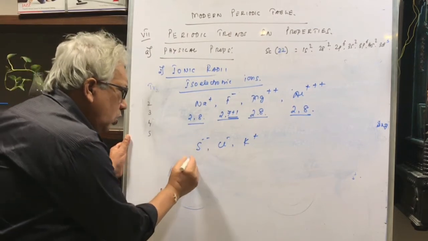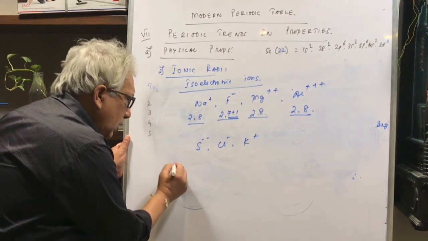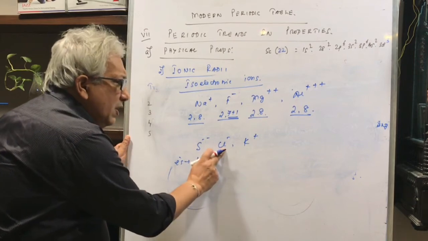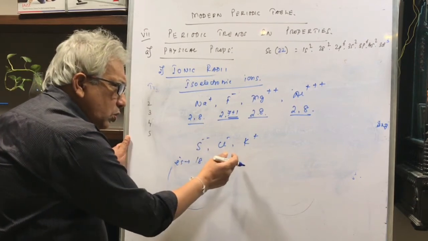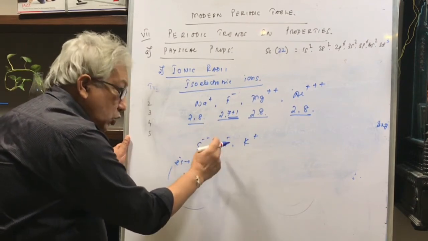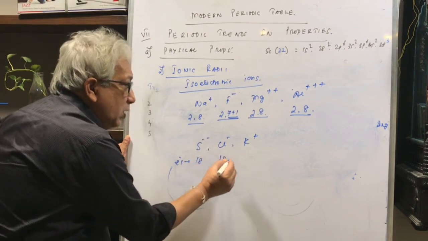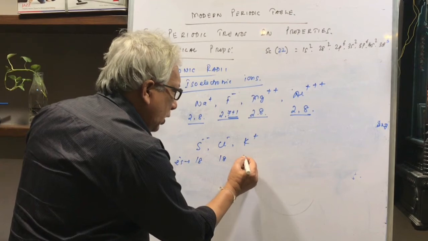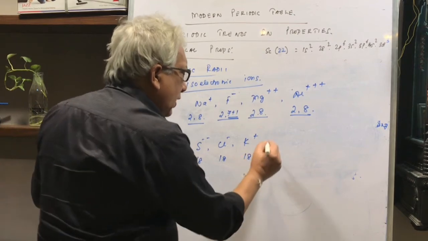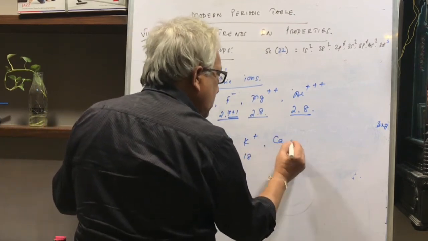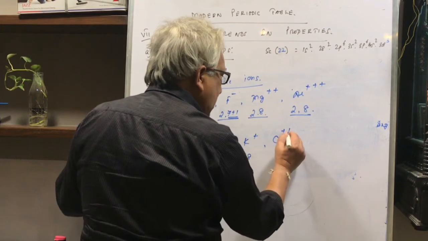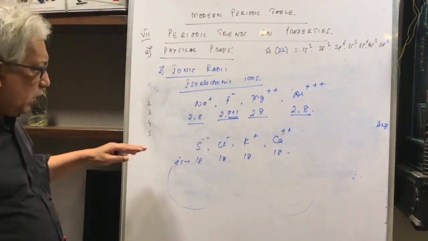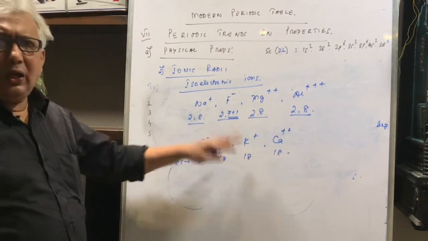It has gained 2, so it has ended up with 18 electrons. Cl originally 17, gained 1, so it has become 18. Potassium originally 19, lost 1, so it has become 18. I'll take another case, calcium, Ca++, 18. These are all isoelectronic ions. If you see, they all have the same number of electrons.